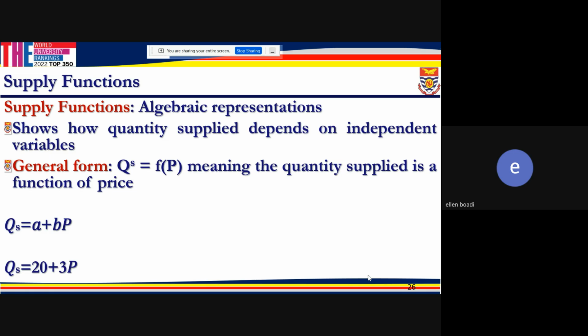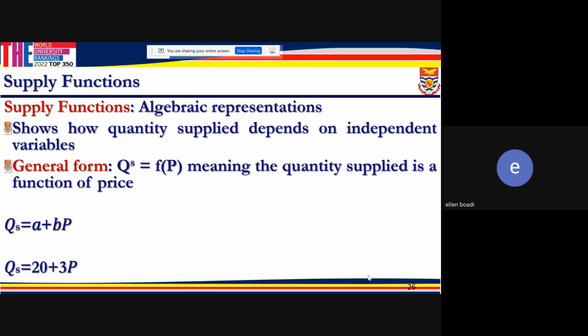So let's take note of that. For the autonomous elements, I should have mentioned it when we were discussing demand. For autonomous demand, for instance, we talk about the fact that apart from the price of the commodity, there are other factors: the related commodities, the taste and preference, and all that.